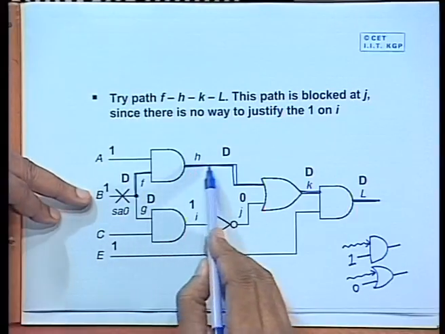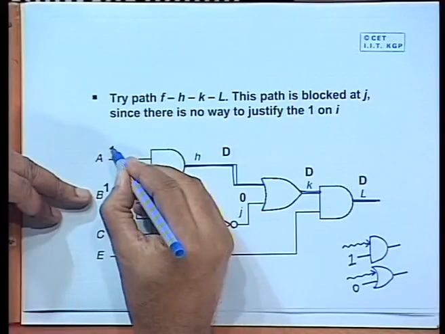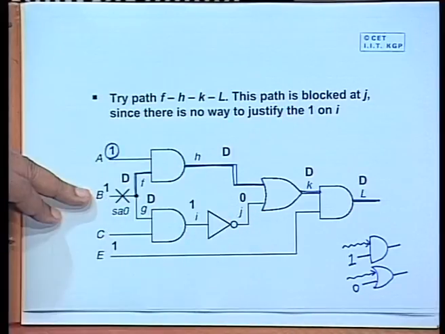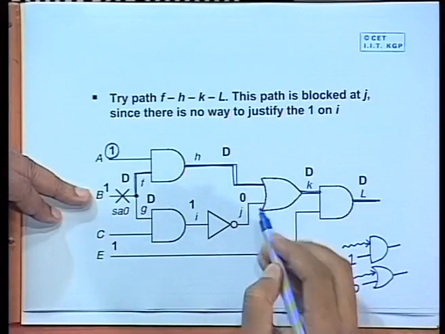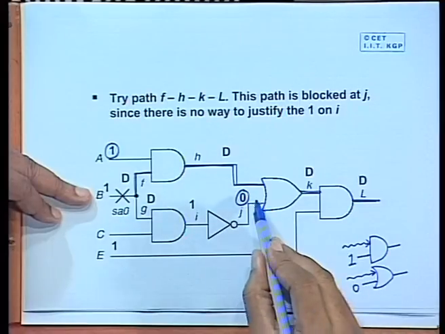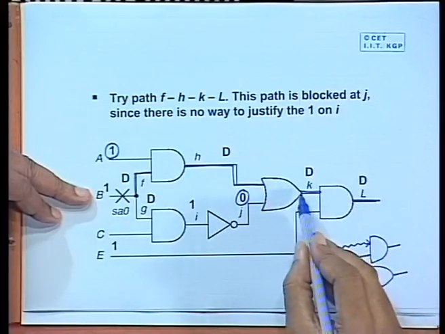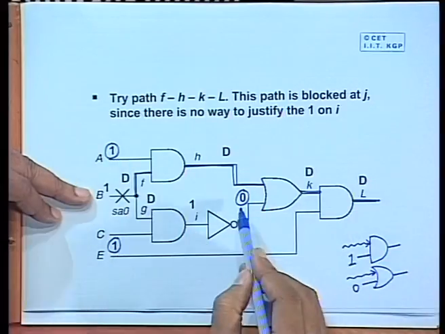Now, we have to propagate this fault through this path. Since this is an AND gate, I must apply 1 on the other input. There is an OR gate down the line, so I must have a 0 on the other input. There is an AND gate; in order to propagate this, I must have a 1 here. So, these are the requirements.